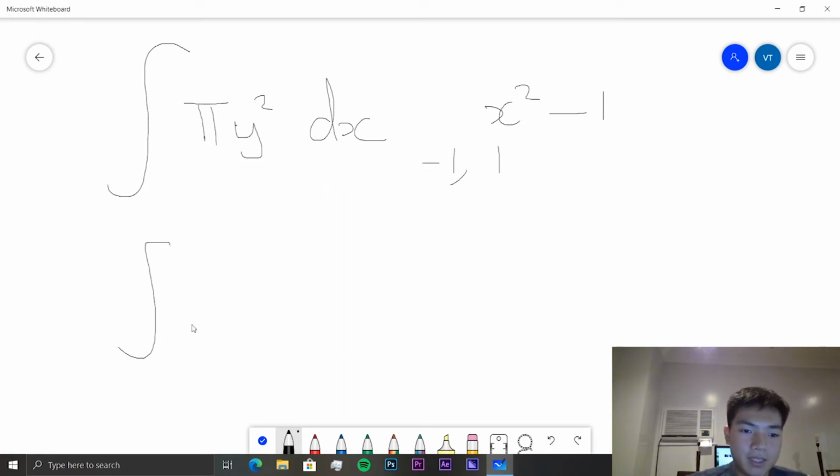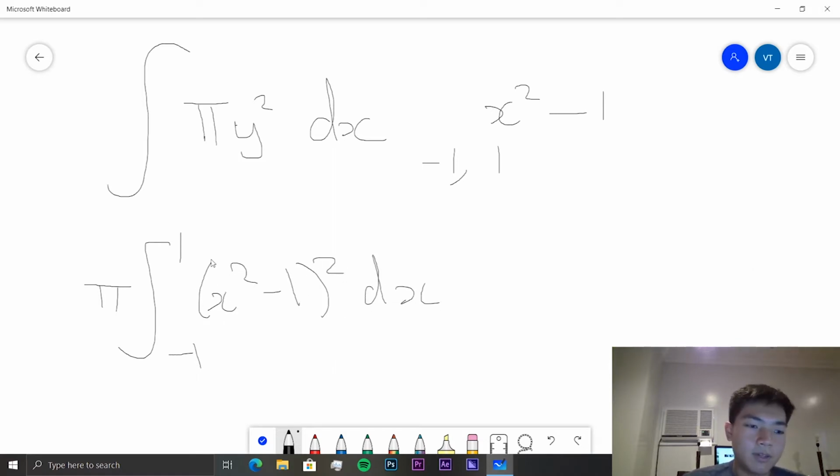This means we have to get the integral of pi, well, we usually put pi outside the integral, from negative 1 to 1 of x squared minus 1, squared, dx. And we would have to solve this in order to rotate it around.